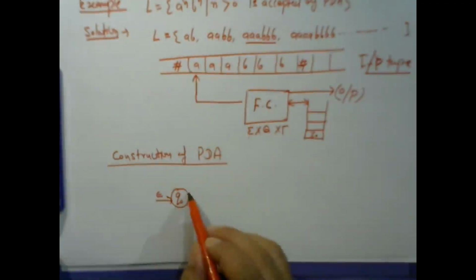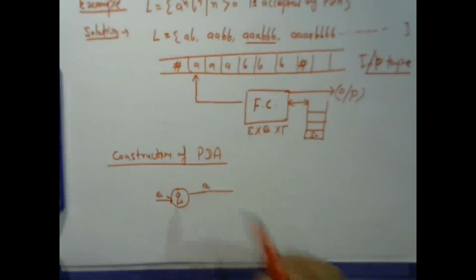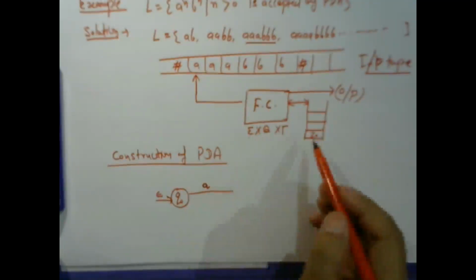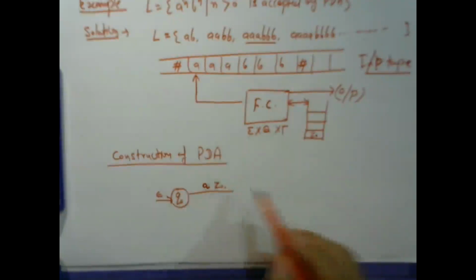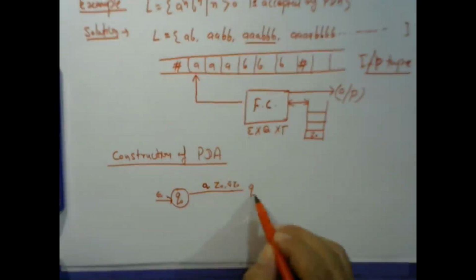If the first symbol A is encountered, and the top symbol is Z0 at the beginning, then we push that A inside the stack, giving A, Z0, and go to the new state, Q1.